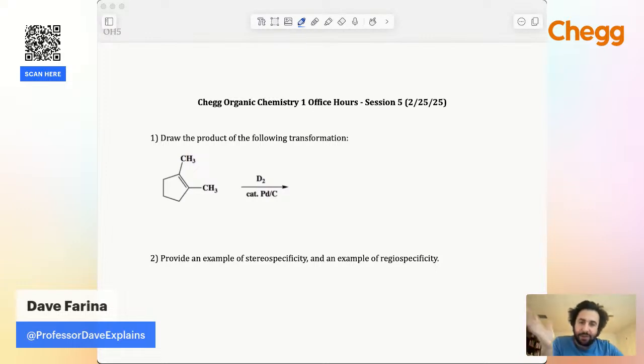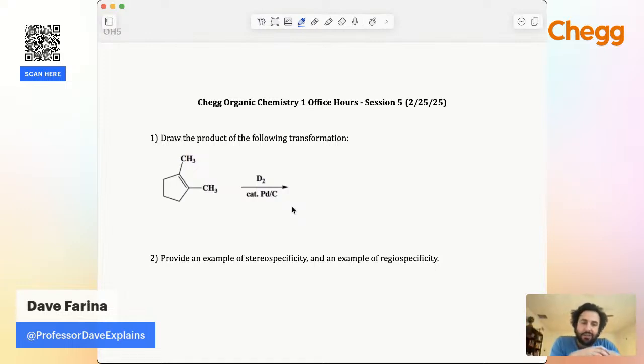So let's go ahead and dive into this stuff here. Let me get over to my document. So we have been going through, last week we continued with SN1, SN2, E1, E2, and then we started introducing some addition reactions. Addition reactions are a very big unit in Organic Chemistry 1 because there's a lot of different addition reactions that we definitely need to know.